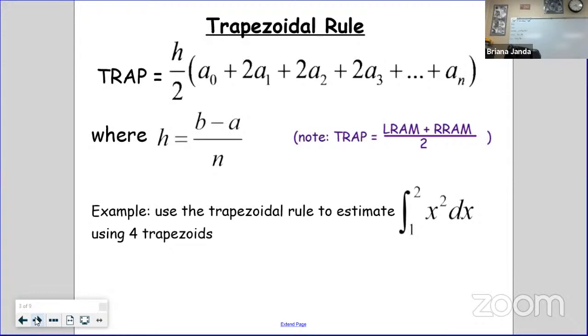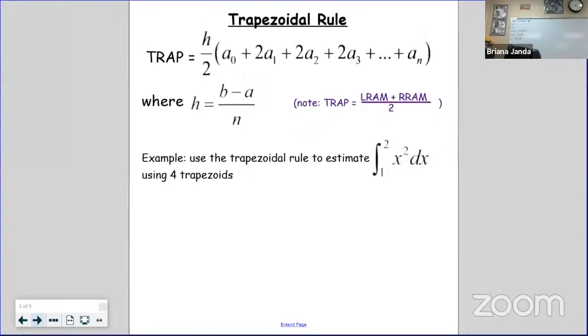So using this for a little bit uglier version, if they ask us to use the trapezoidal rule, let's try it out this way instead of drawing out each of our different trapezoids and finding the area of each. It says use the trap rule to estimate the integral from 1 to 2 of x squared dx. So let's try without drawing it. It asks us to break it into 4 trapezoids.